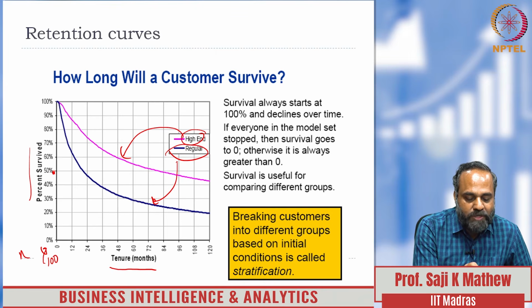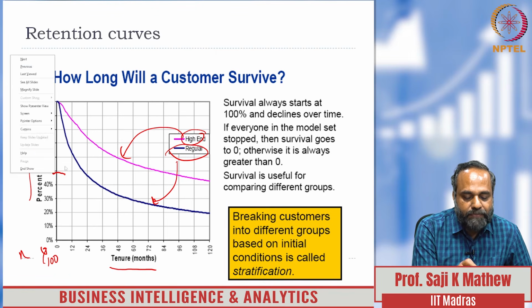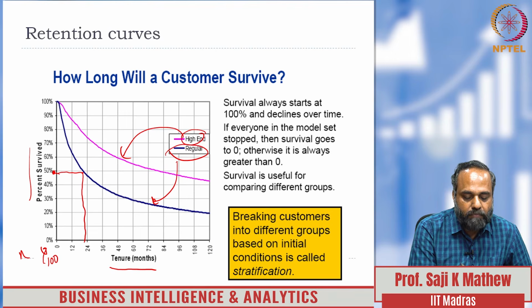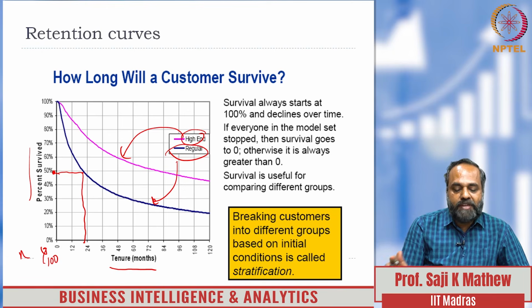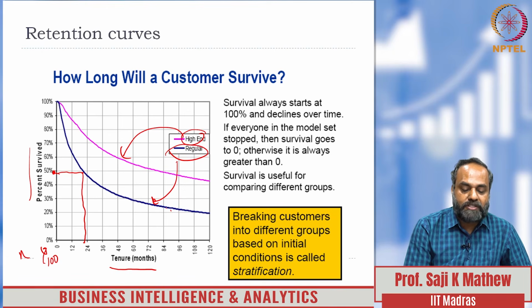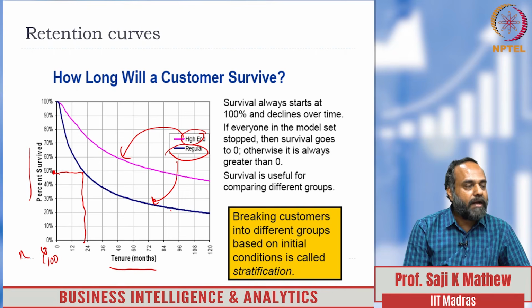If it was 100 at the beginning of January 2013, look at this: in less than 2 years, the 100 became 50 for the regular customers, correct?